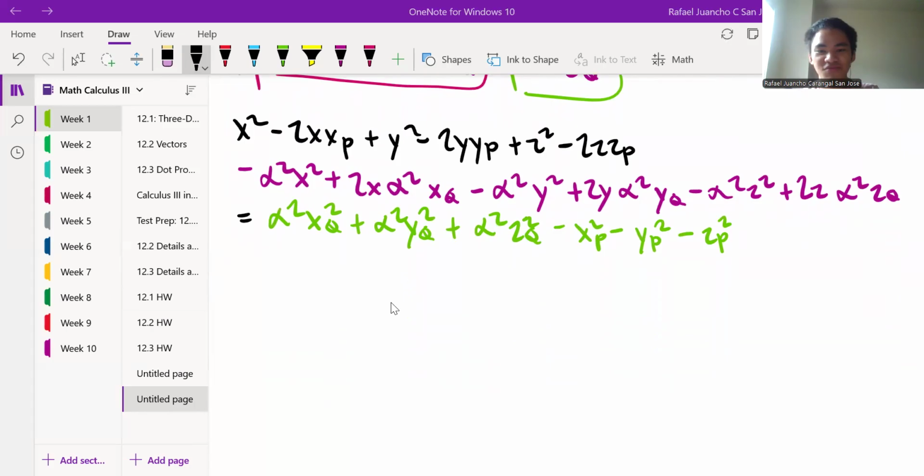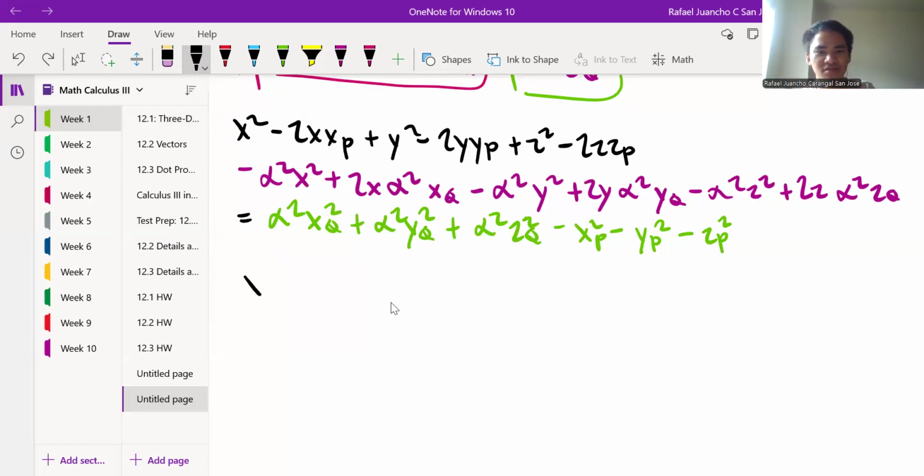And now from here, we want to rewrite them in such a way that we can complete the square in our next step. So how do we want to rewrite this? Well, we have this x squared, so we want to combine these terms. We have our 2x here. It's the same for our y and our z.